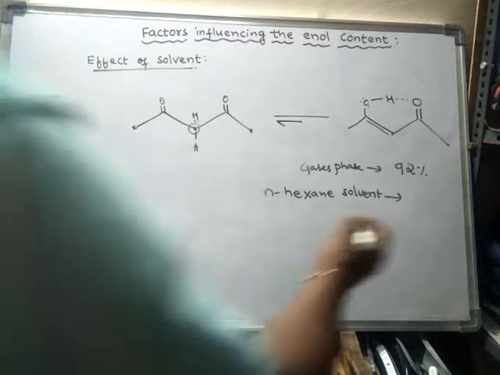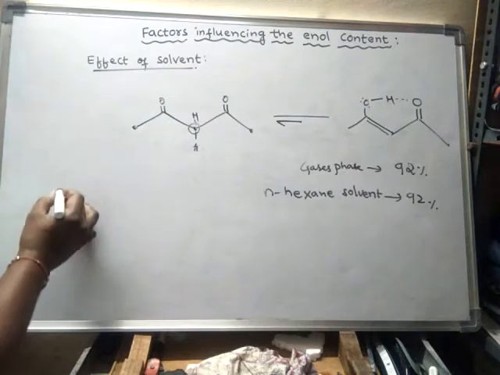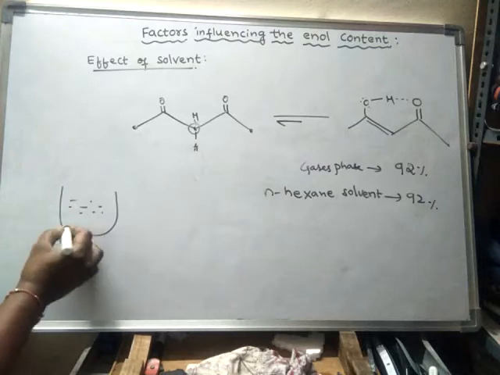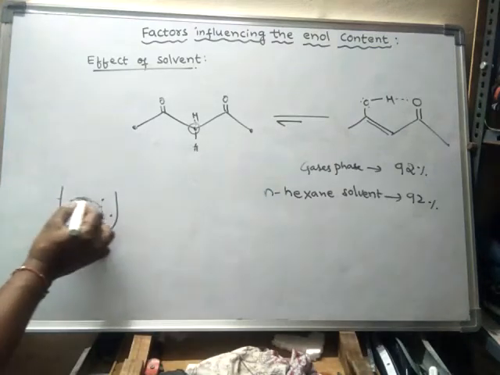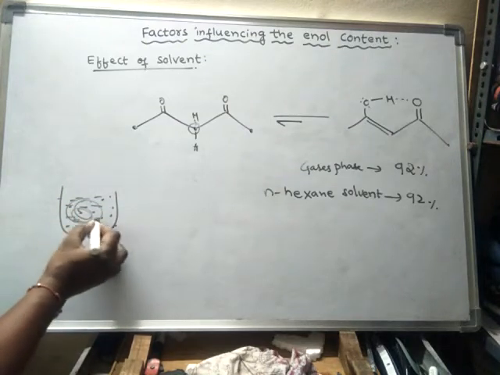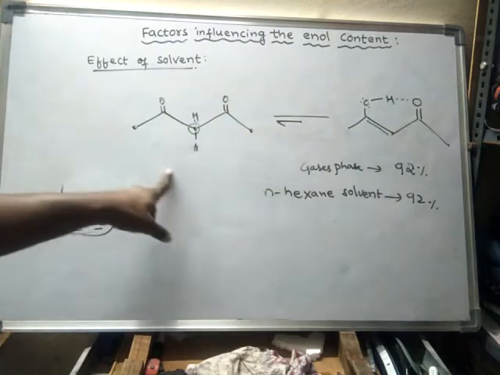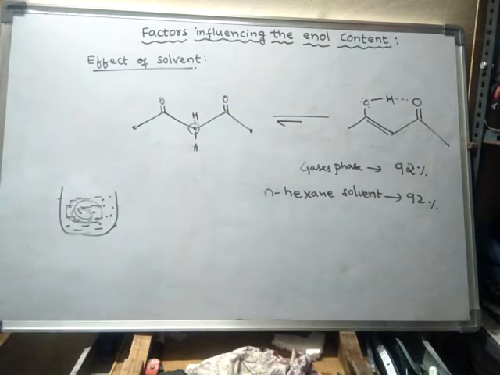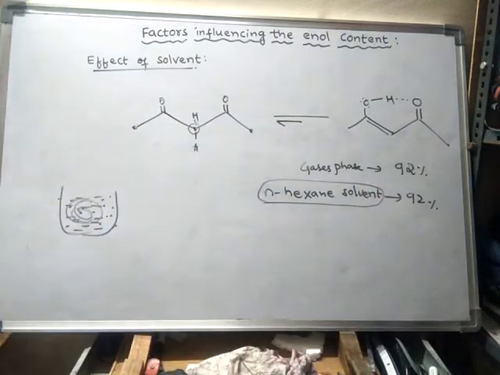So when this acetyl acetone compound is kept in N-hexane, what happens? This will convert into this one. Only 8% of the compound will be in this form, and 92% will convert into this form, under the condition when we use a non-polar solvent like N-hexane.